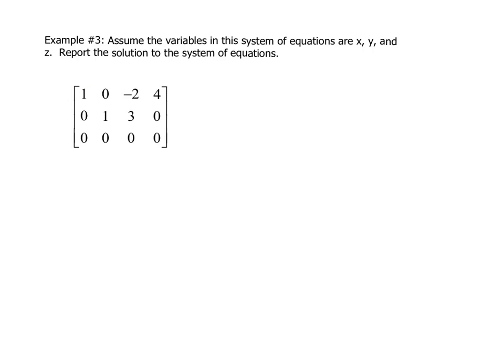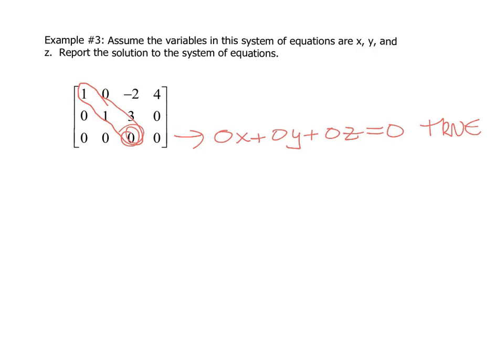So again, we don't have the ones along the diagonal. We have this 0 here that kind of screws that up. That bottom row, if I translate it back into an equation, looks like 0 equals 0. That's a true statement. Let's take our two rows though and translate them into corresponding equations.